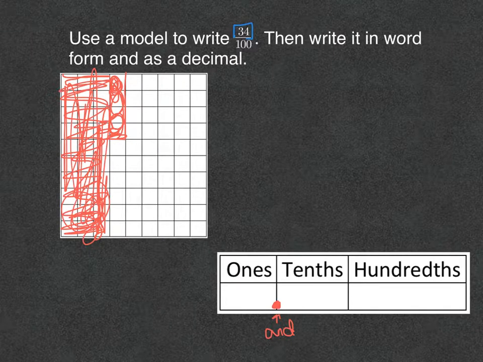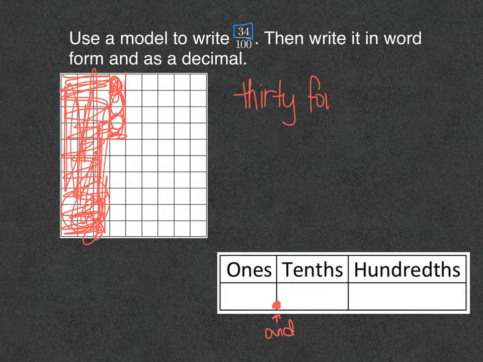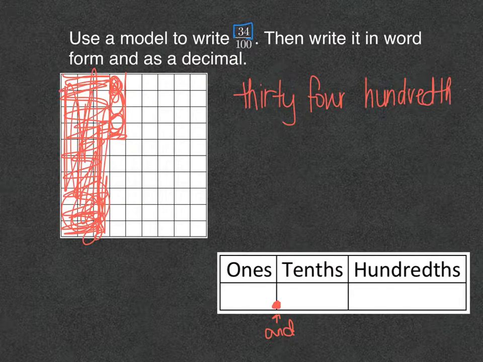To write it in word form, okay, I'm going to write 34 hundredths. Again, I have that THS on the end.